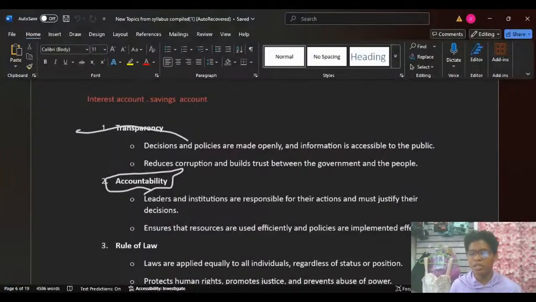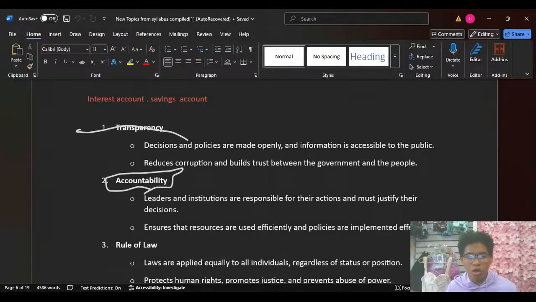Anyway, now let's look at the opposite of what I was talking about with bad governance. Some of the good qualities of good governance are transparency, the ability to state your policies publicly and not do them privately. One reason government is supposed to be transparent is to reduce corruption and build trust between people. Then accountability: leaders and institutions are responsible for their actions and must justify their decisions.